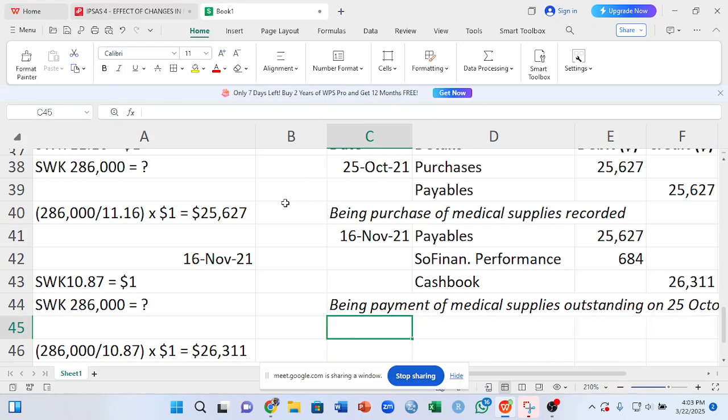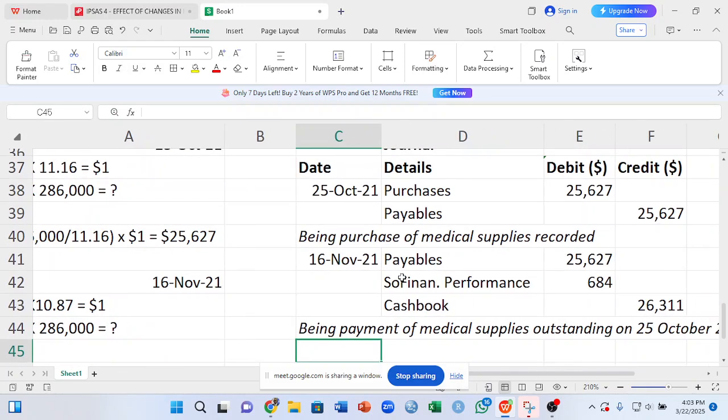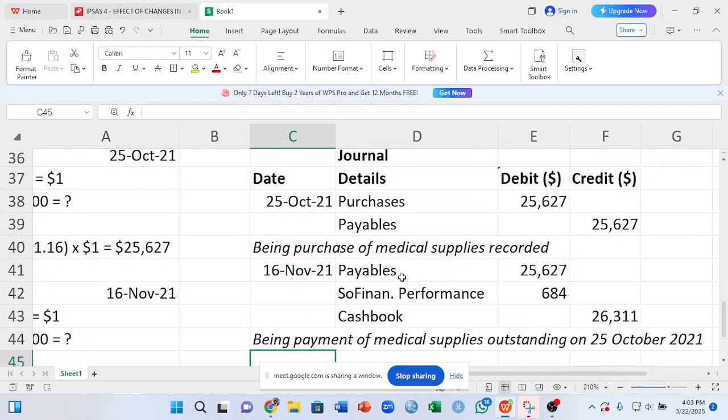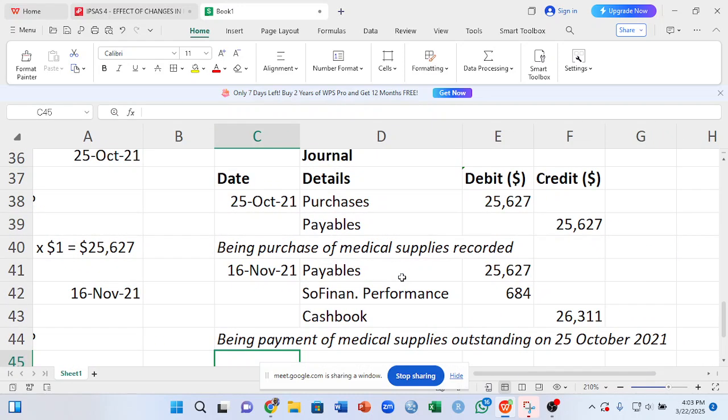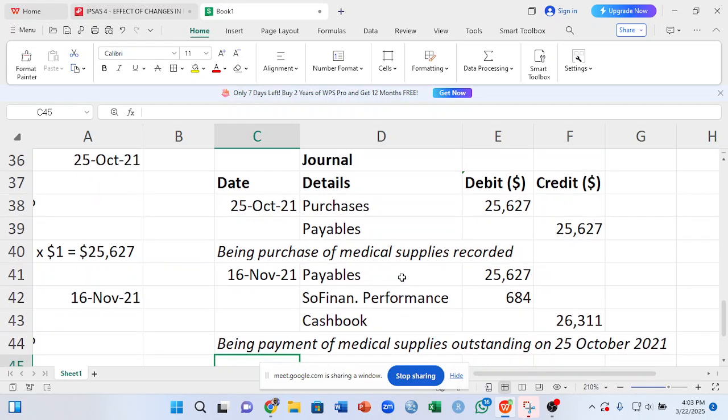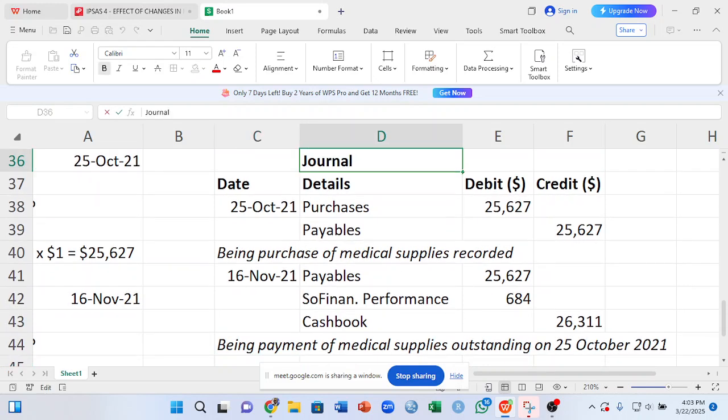Okay, so that's fine. This will be the journal treatment for A. Bear in mind this one is for A.